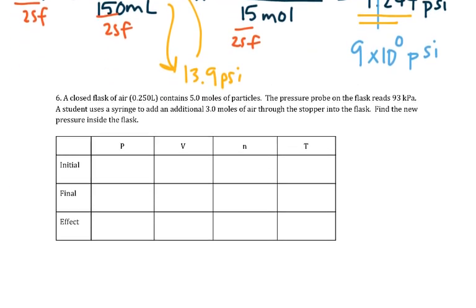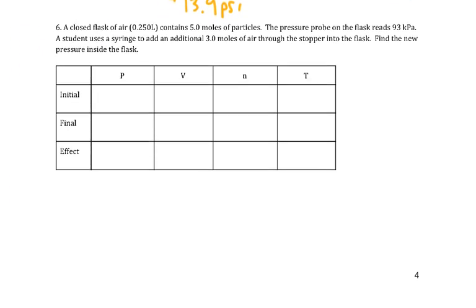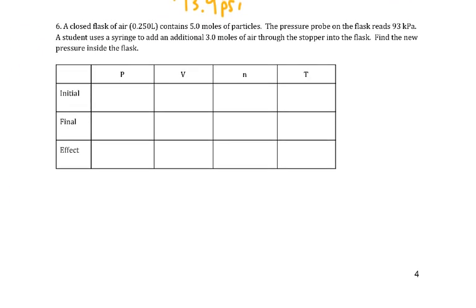All right, on to the next one, number 6. A closed flask of air, which is 2.50 liters of volume, contains 5 moles. Pressure reads 93 kilopascals. We are going to add an additional 3 moles.